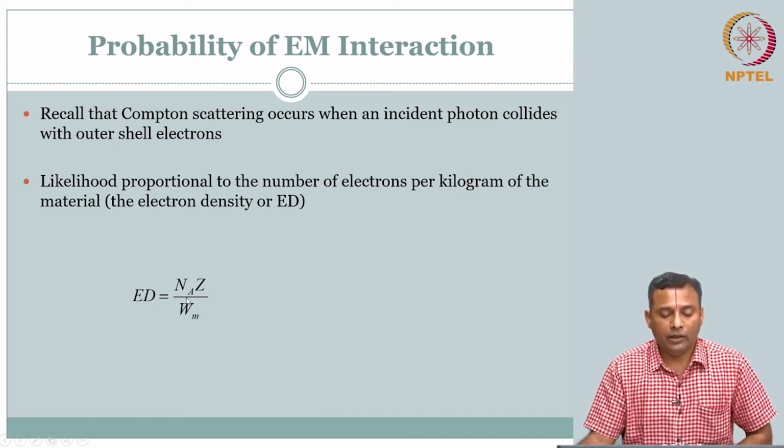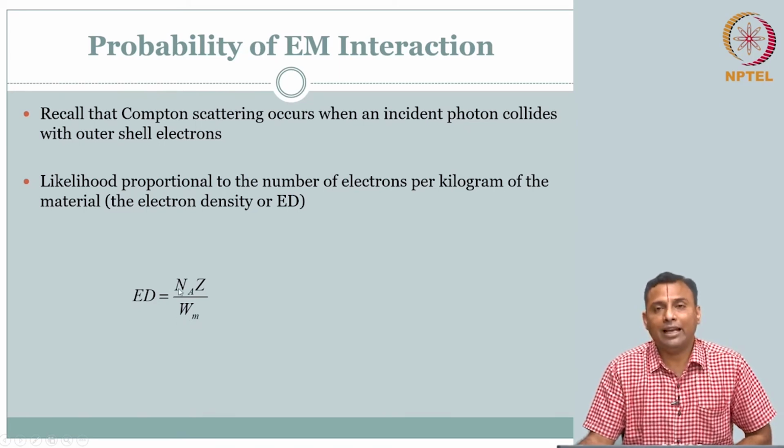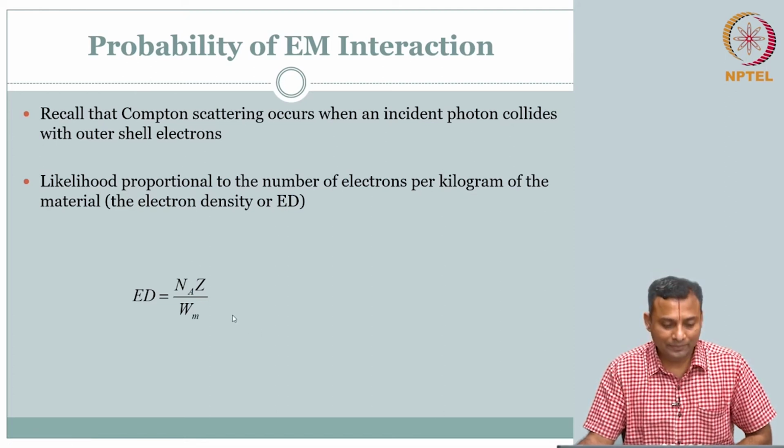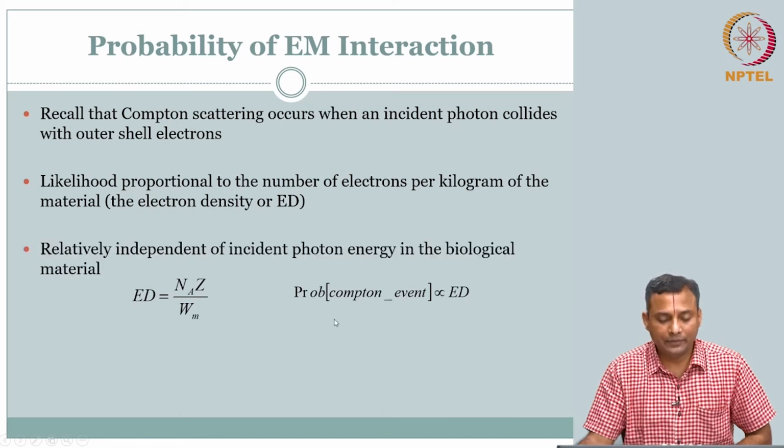You have the Avogadro number, the number of atoms in a mole, and then your Z, which tells you the number of electrons in an atom, and then you have your weight. With that you can get electron density. So, the probability of your Compton event is directly proportional to your electron density.